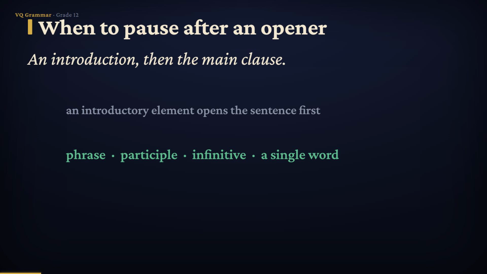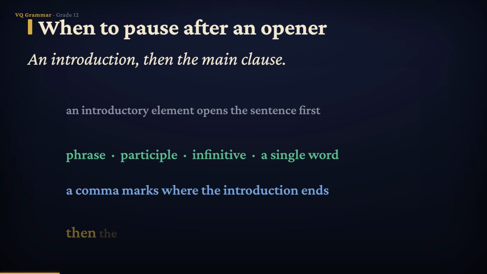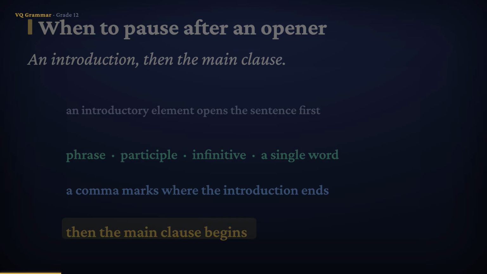Most of the time, that opener needs a comma after it, a small pause that tells your reader, here's where the introduction ends and the real sentence begins. Sometimes the pause isn't needed, and now and then it's the only thing keeping a sentence clear. So keep this picture in mind: an introduction, a comma, and then the main clause begins.